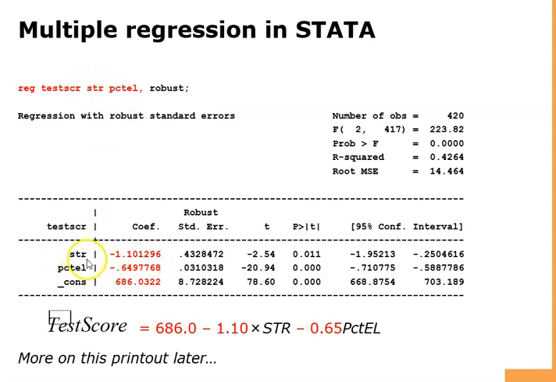So you get the coefficient of student-teacher ratio, the coefficient of PCTEL, and your beta naught. With these three coefficients, you get the equation of the regression line, which shows the relationship between student-teacher ratio, percentage of English learners, and test scores.